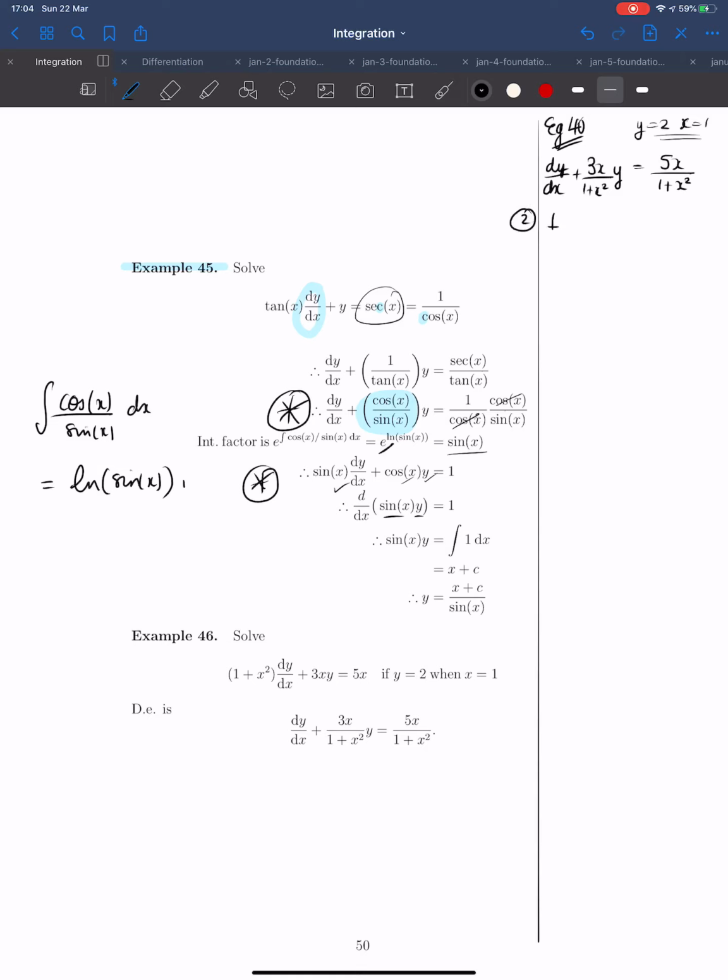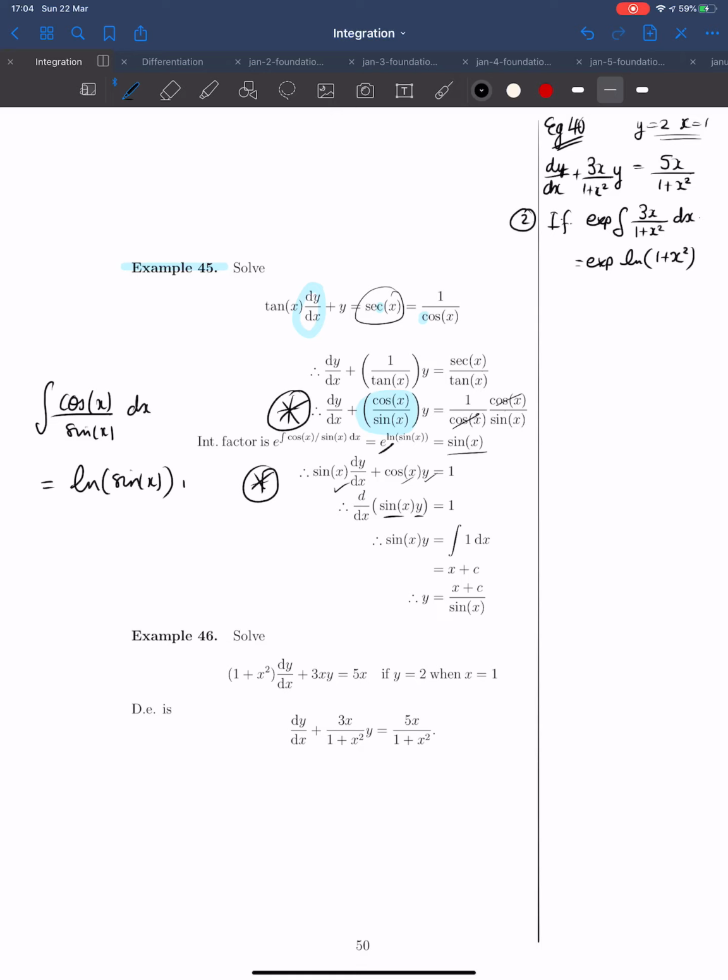Step 2, the integrating factor is the exponential of the integral of 3x over 1 plus x squared dx. Now we've got a fraction with almost the derivative of the bottom on the top. That's it. It's going to be log of 1 plus x squared. If we differentiate log of 1 plus x squared, it's 1 over 1 plus x squared times 2x.